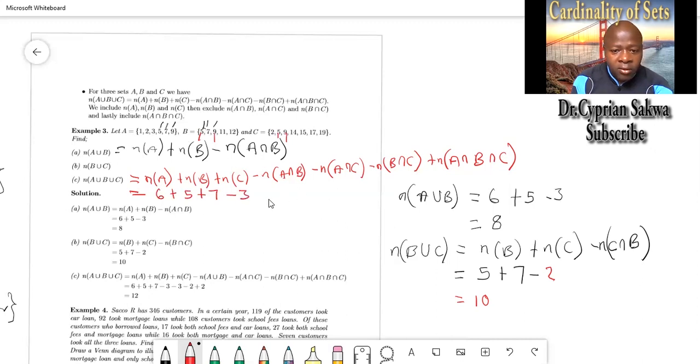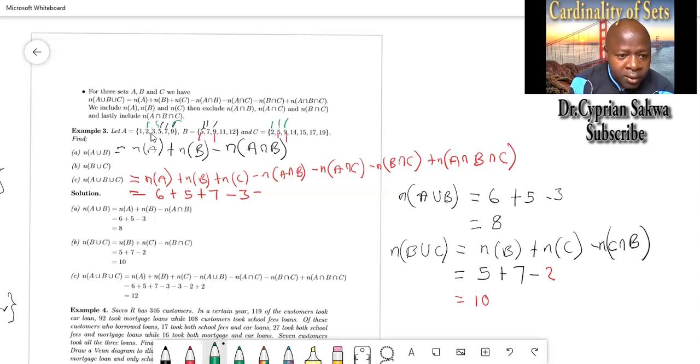The intersection of A and C, let's find out. C has a 2 here, which is also in A. It has a 5, which is also in A. It has a 9, which is also in A. Is there any other?